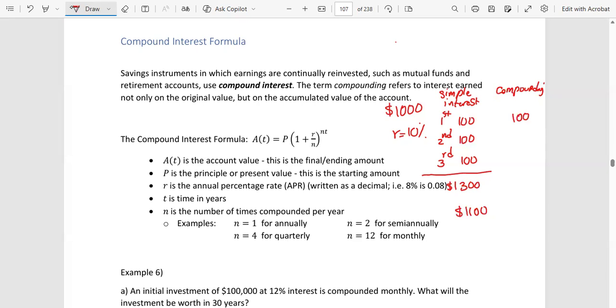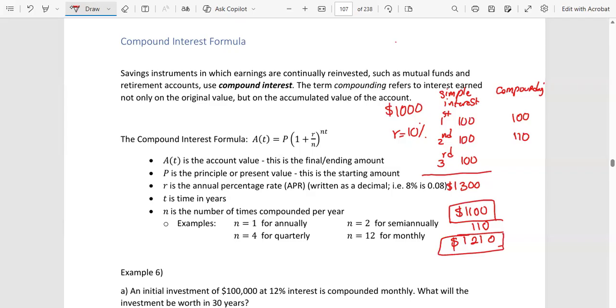And then you receive the interest at the end of the second year on this much money, not only on that $1,000 that's invested, because you receive interest on the original value and all the interest you received in the previous years. The 10% of this money is 110. Then if we add 110 to this, we will have $1,200 at the end of the second year.